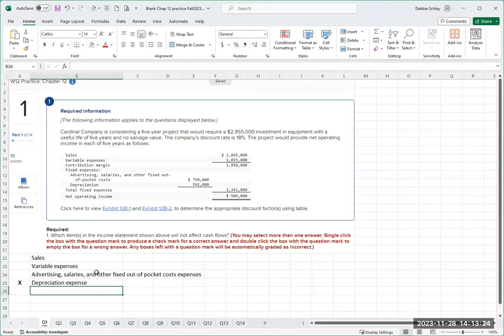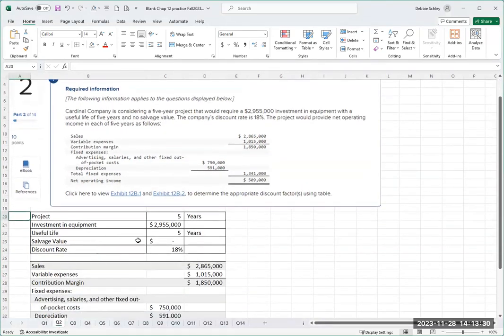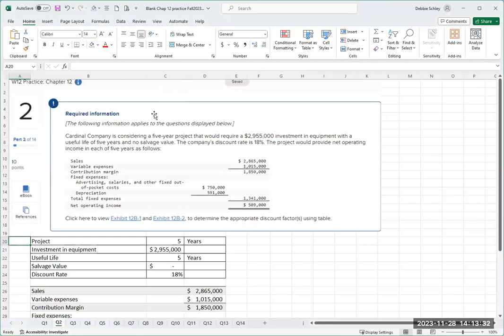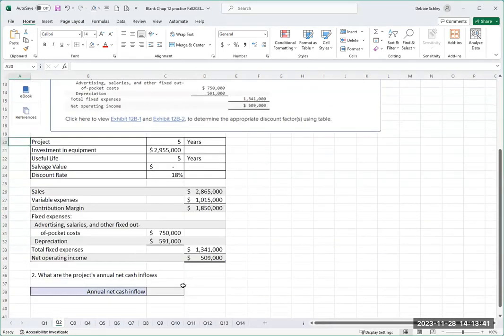And I think the reason they're pointing this out is that then in question 2, so for all of this, like I said, it's the same data. So I have taken and put all of the numbers that they gave for my problem down here so I can reference them. So question 2, they want to know the project's annual net cash inflow.